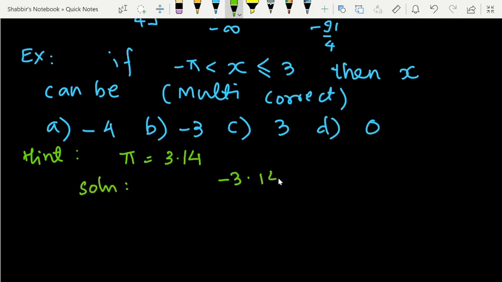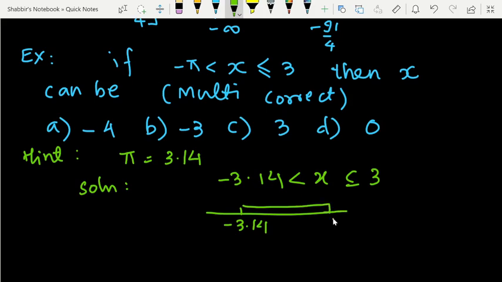Minus 3.14 less than or equal to x less than or equal to 3. So clearly, minus 4 is something which is not in minus 3.14 to 3, if the solution is this, where 3 is included, guys.